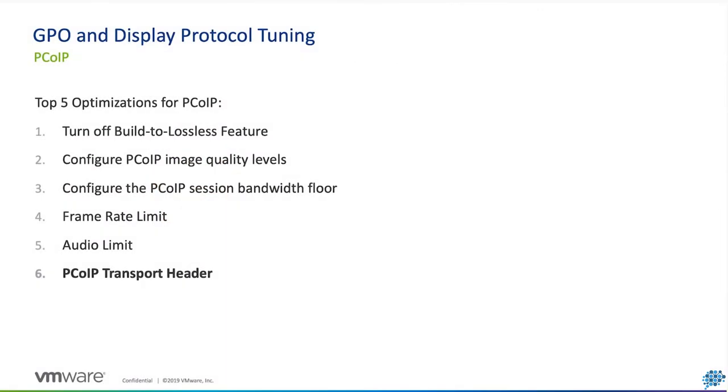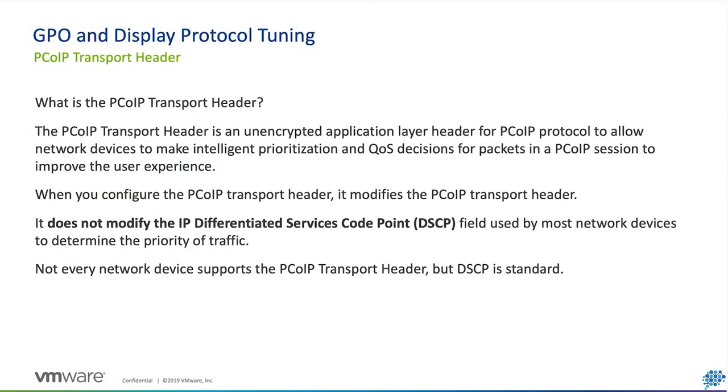The last option we have is the PCoIP transport header. The PCoIP transport header is an unencrypted header within the PCoIP protocol. It would help you to optimize network traffic, but not all network devices can read out these values and understand the PCoIP protocol. There are some, but some can't do that.